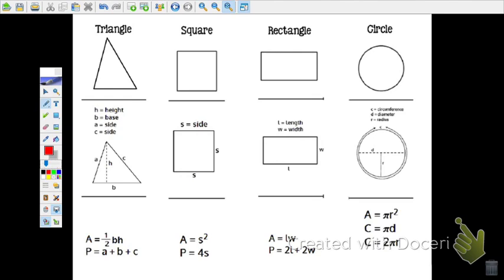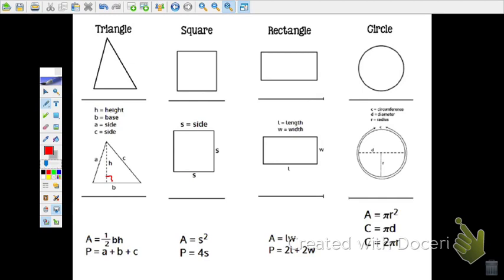Any one of the sides can be the base. The height then goes from whatever side you choose to be the base to the opposite vertex, okay, which means then it forms a 90-degree angle. Okay, the base and the height are perpendicular to each other.